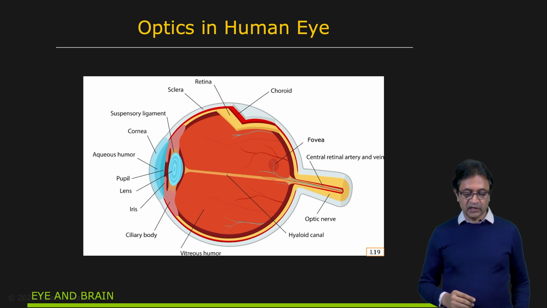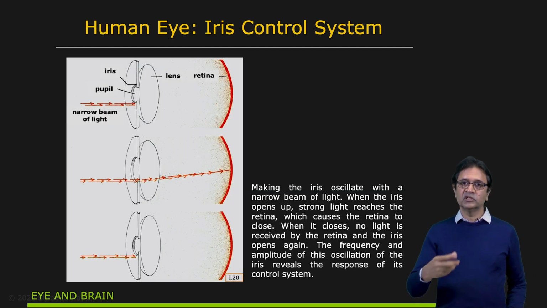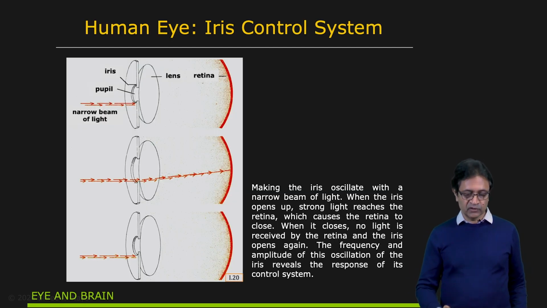So a lot of work has been done to study the control system that drives the iris of the human eye. Here is an experiment that's been conducted. Here you have the lens, you have the retina in the back here, you have the pupil, the opening, and the iris. Just at the edge of the pupil on the iris, you can see there's a narrow beam of bright light hitting there.